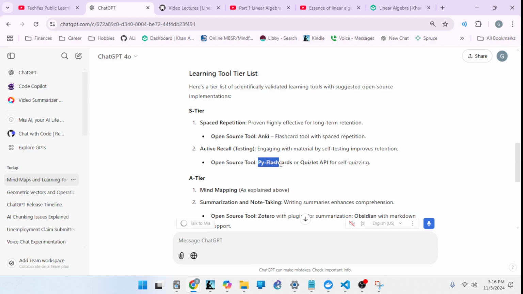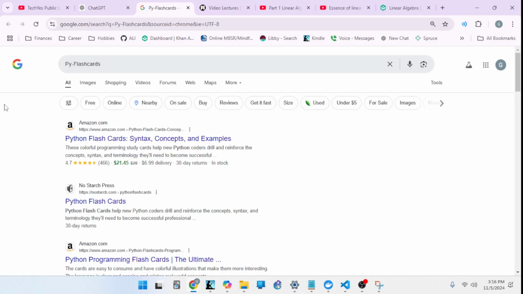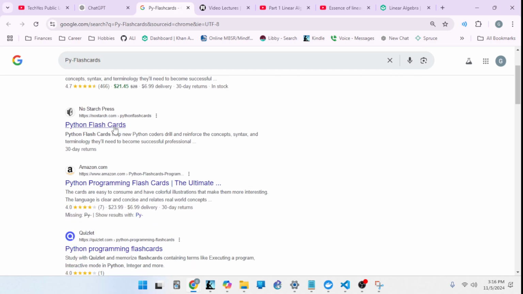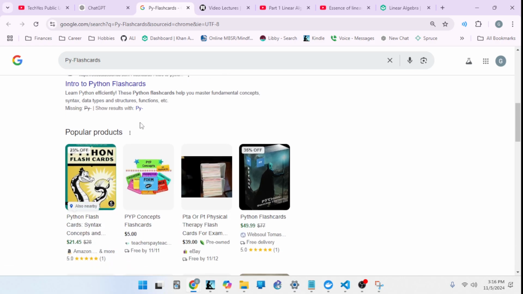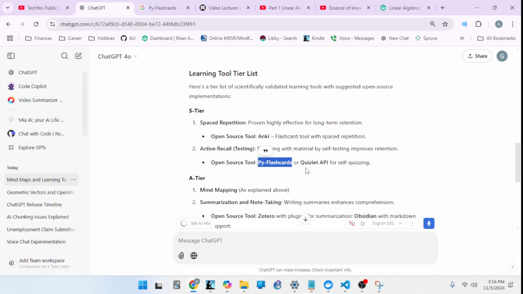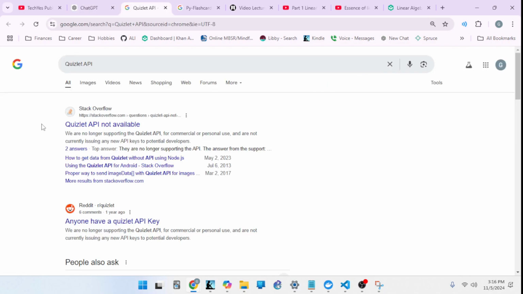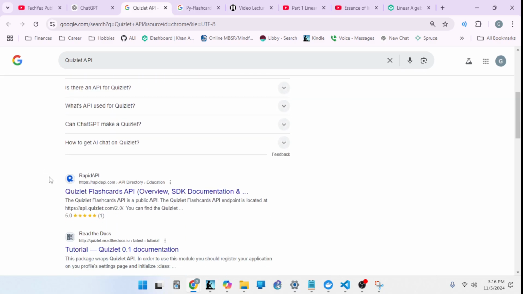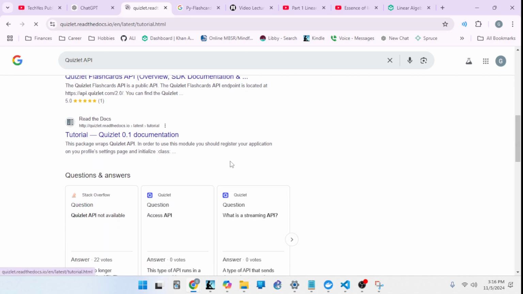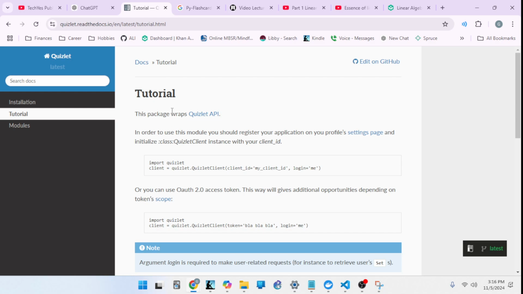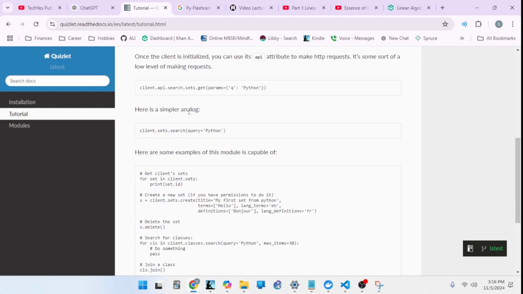The next one is engaging with the material by self-testing. So we've got some tools for that. We've got Quizlet API. So here we go, we've got a tool here.